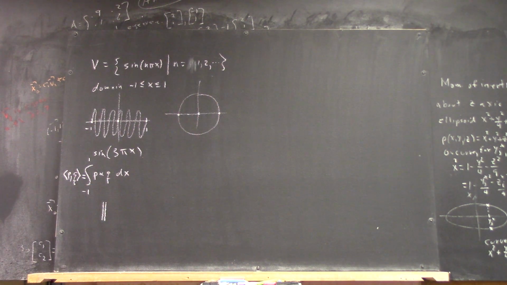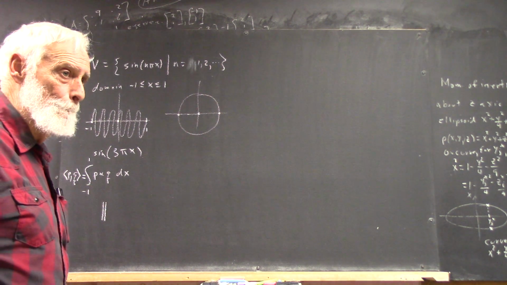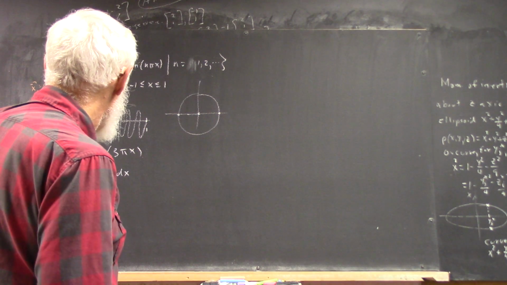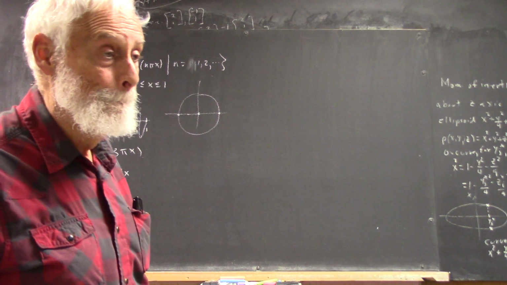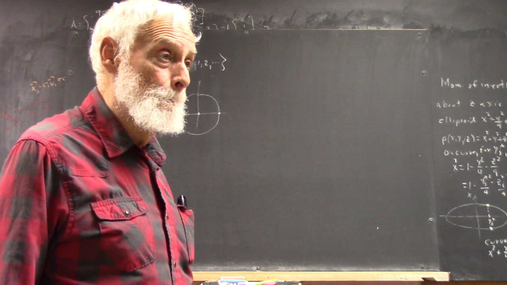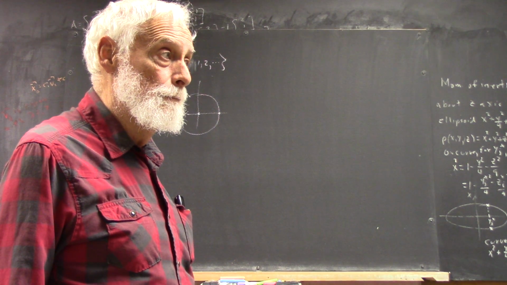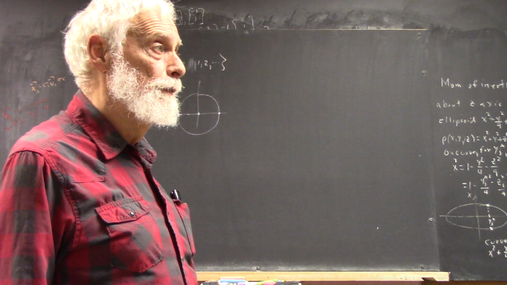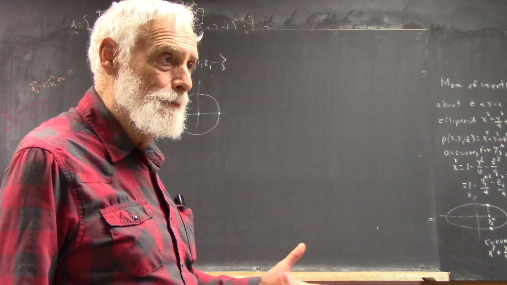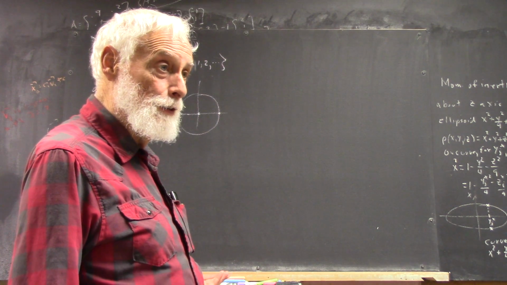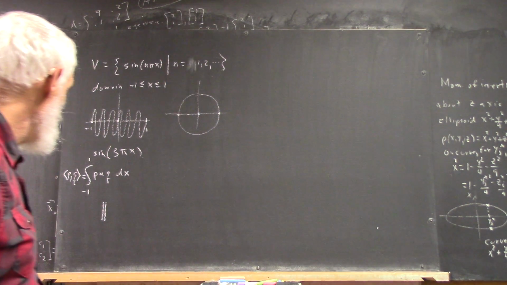You probably won't do that this semester. Okay? The integral of sine is negative cosine, right? Yeah, antiderivative, and if you use substitution, you can easily integrate the sine. Right.